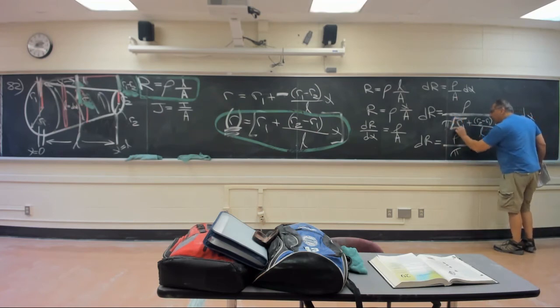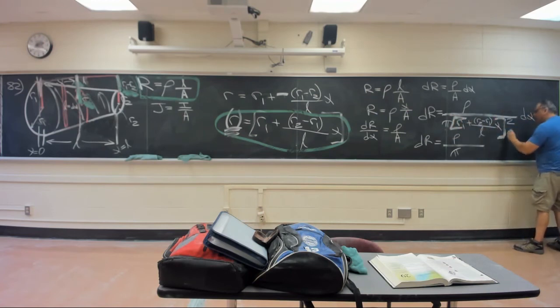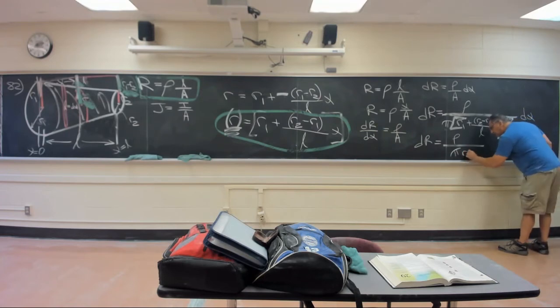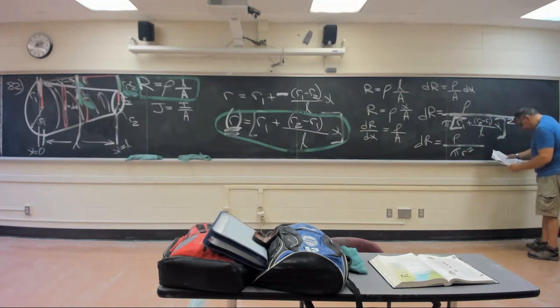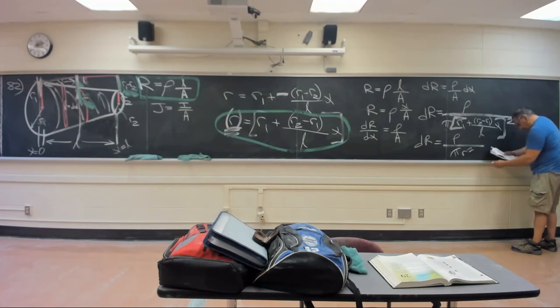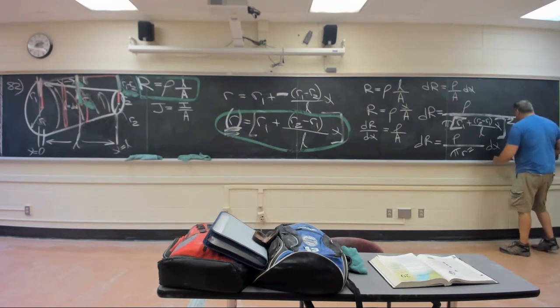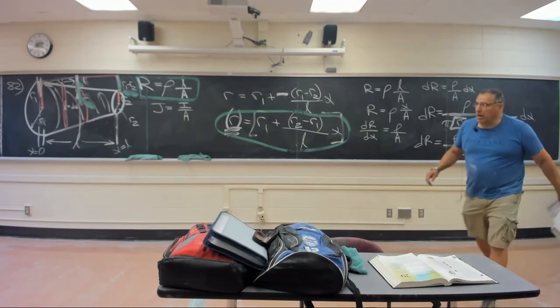This thing right here in brackets, squared, you guys, is pi r squared dx. So rho over pi r squared dx. And that's what that was as well.